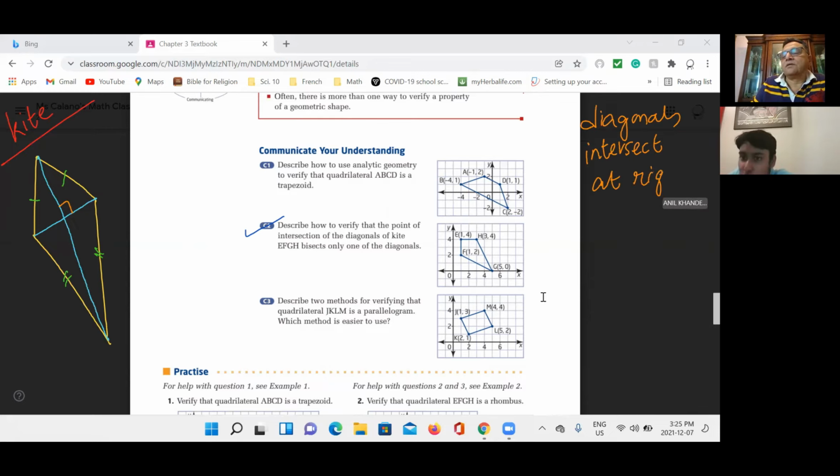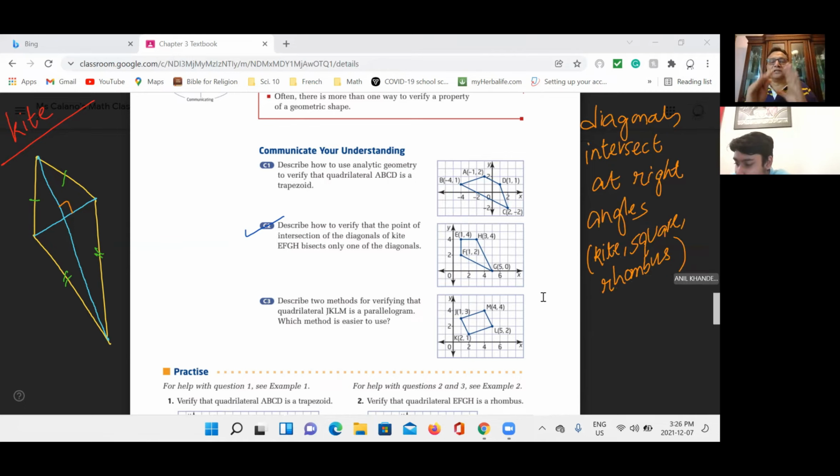So kite, square, and rhombus? Yes. So this property is shared also with, let me write kite also here, square and rhombus. Only these three, because this is a very critical property, right?